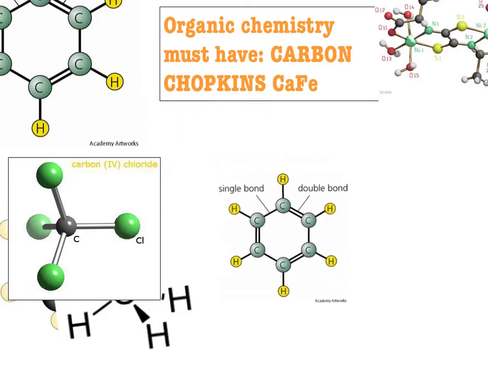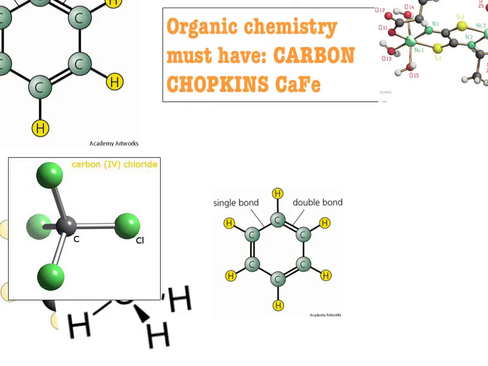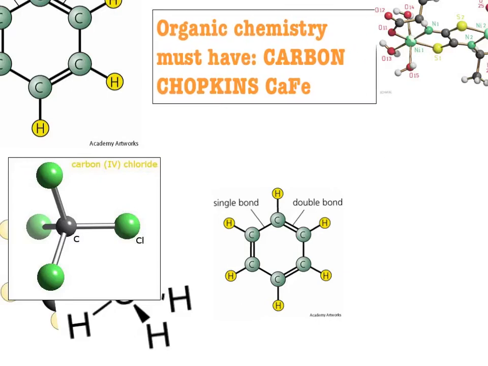Now my question is about our mnemonic device we talked about in class, CHOPKINS CaFe. CHOPKINS CaFe tells us all of the elements that bond with carbon: carbon, hydrogen, oxygen, phosphorus, potassium, iodine, nitrogen, sulfur, calcium, and iron.